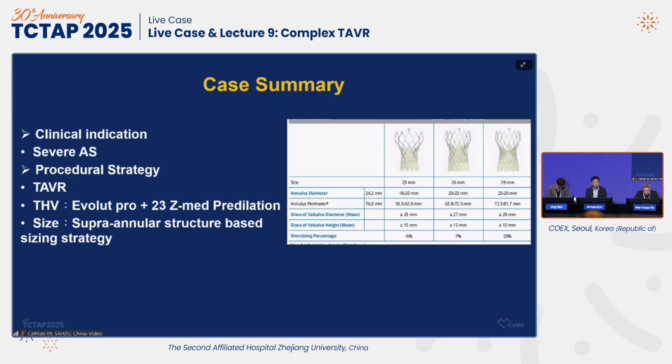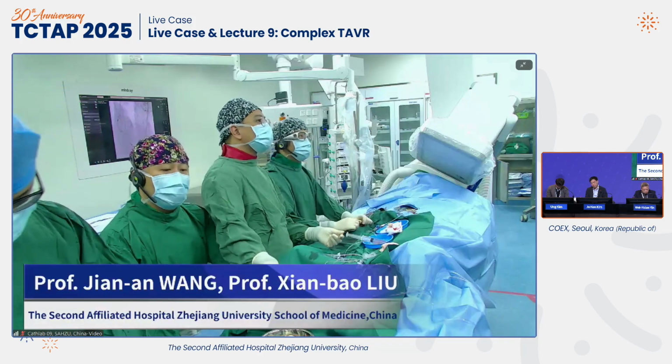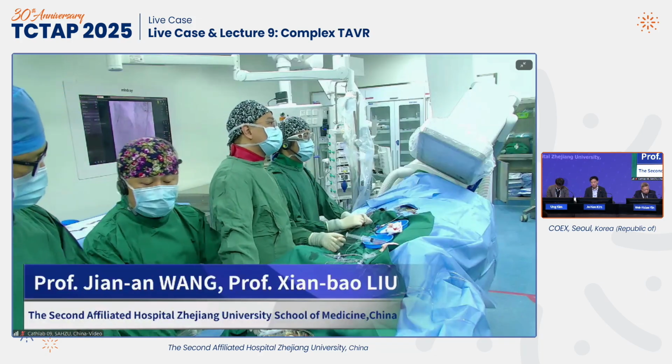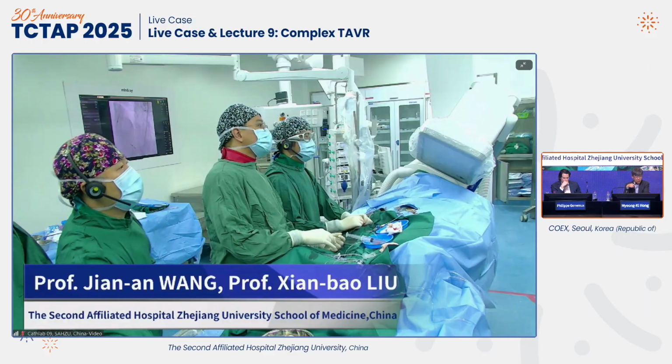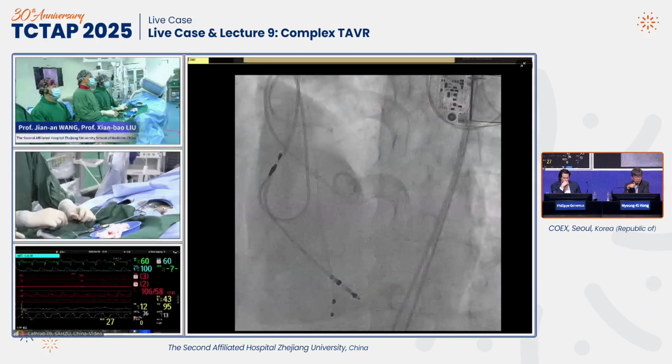So we would like to use the TAVR procedure, and we will use 23 balloon redilatation to see the results. If there's waist and regurgitation, then we will choose 24. If there's waist and no regurgitation, then we will select 26. If there's no waist or regurgitation, we will select 29.